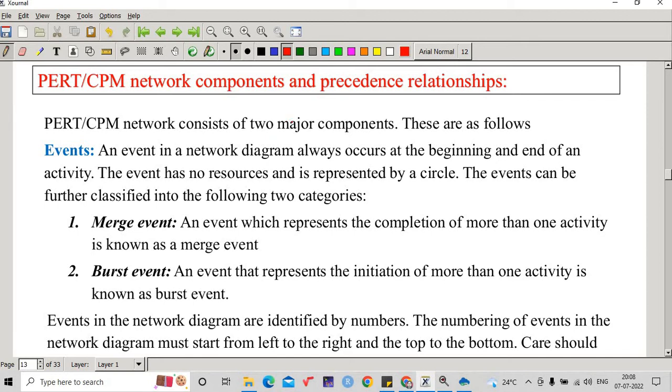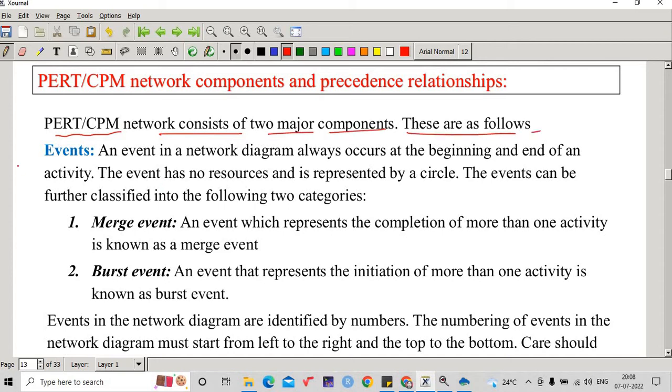Then we'll try to understand the technique to identify the critical path of a given network or given project. But to identify all of these things, a few terminologies will be needed, and we have to understand these terminologies well. So PERT and CPM networks consist of two major components.